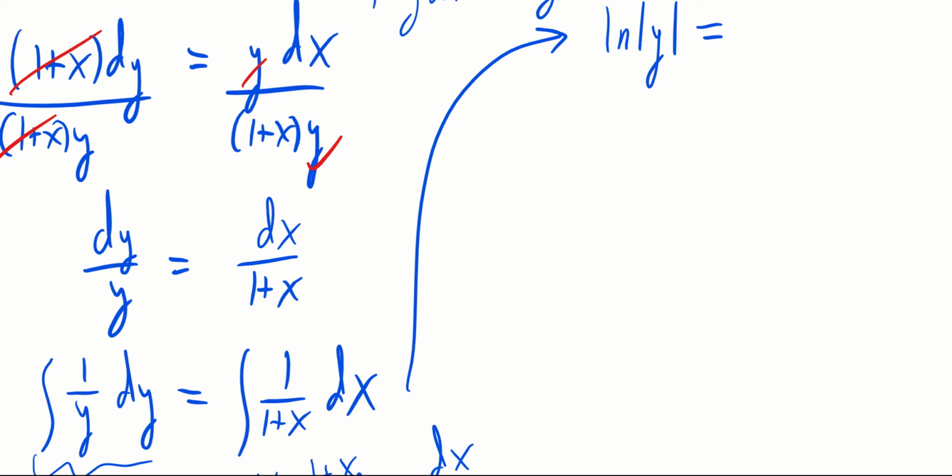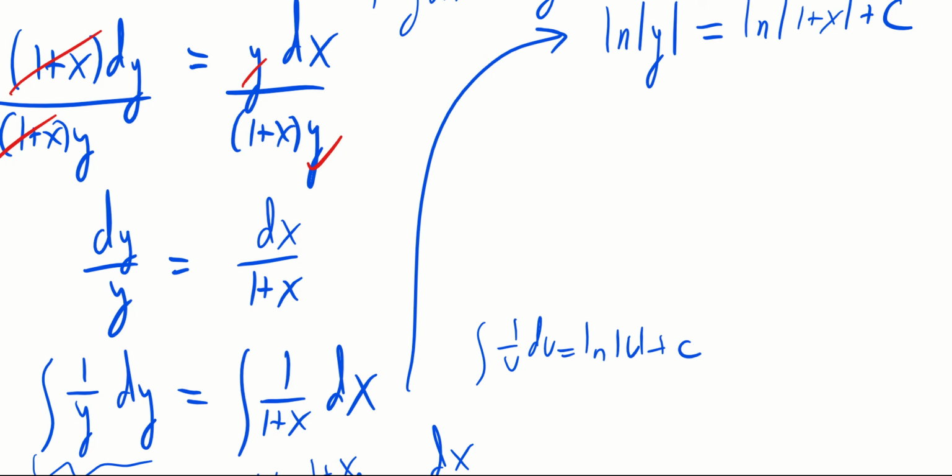Then we get the antiderivative of 1 over u du, which is the natural log of the absolute value of u plus c. So the right-hand side is the natural log of the absolute value of 1 + x plus c. So we are able to solve this.